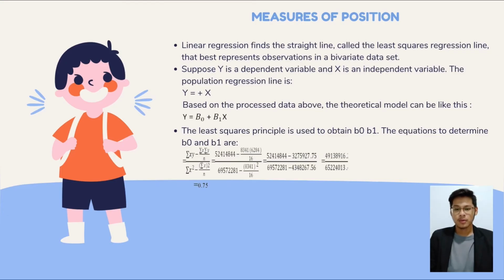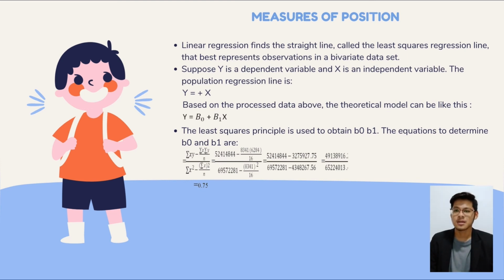Okay, next, linear relation finds a straight line called the least squares regression line, the best representation of the observations in the variable data set. Suppose y is a dependent variable and x is an independent variable.